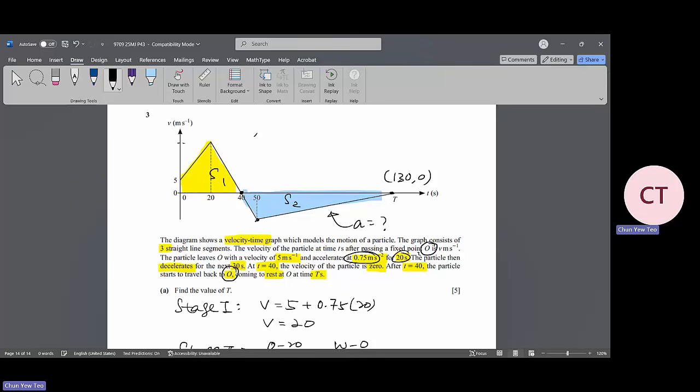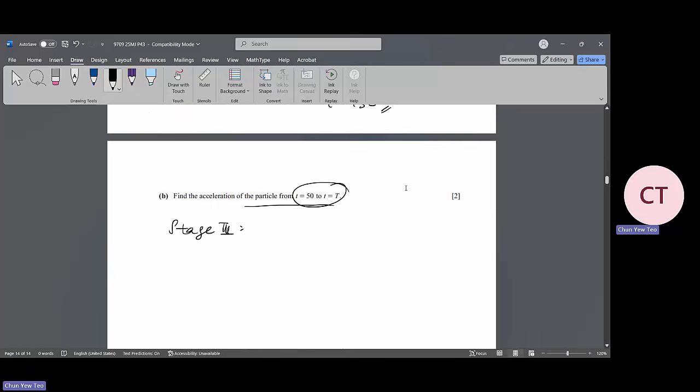This coordinate just now is 50 and negative 10. So stage 3, your acceleration will be 0 minus negative 10, divided by 130 minus 50. So you will get 1/8 meter per second square. Done. This will be the acceleration.